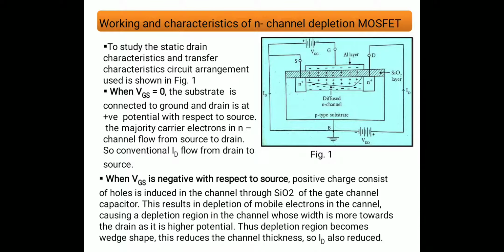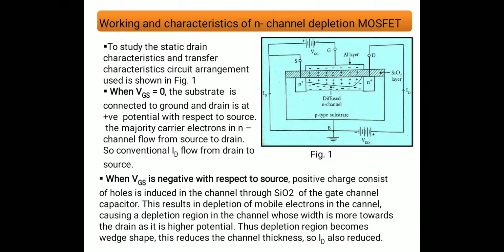The gate is maintained at negative potential with respect to source by battery VGG. As it consists of a lightly doped p-type substrate, this p-type substrate is generally connected to the source as shown in the figure.